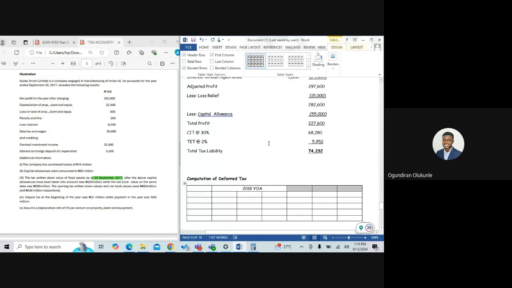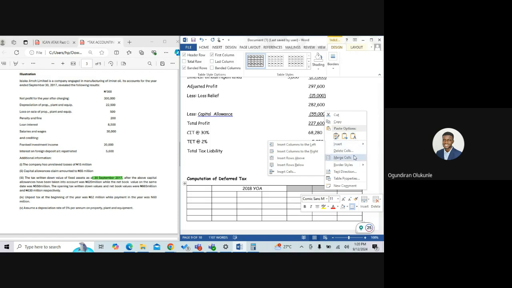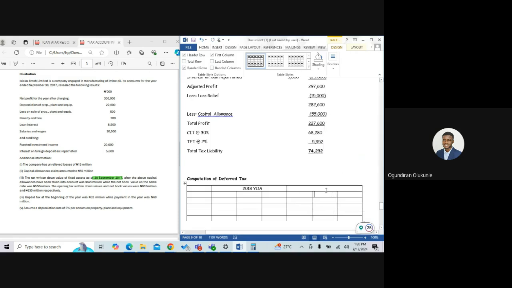You know, there's a law in tax or in accounting that the closing balance of the previous year shall be the opening balance of the new year. Do you know that law? Because of that, it means the opening balance we have is for 2017 year of assessment. Is it clear? So all figures are written in thousand.